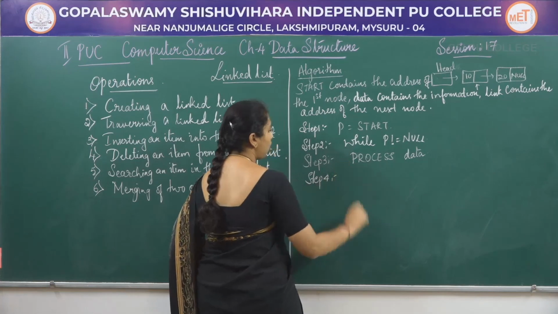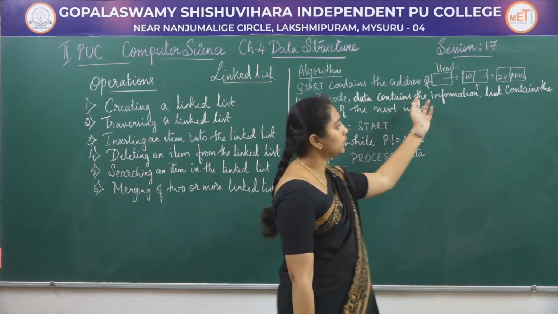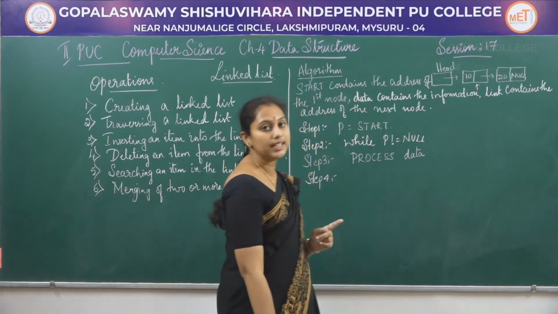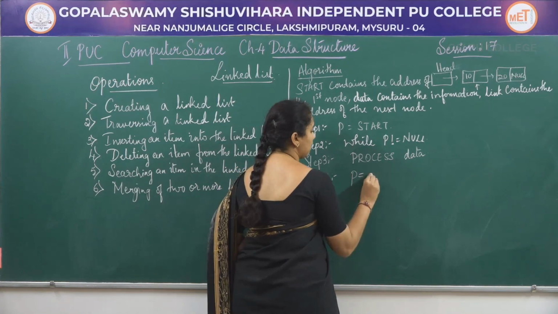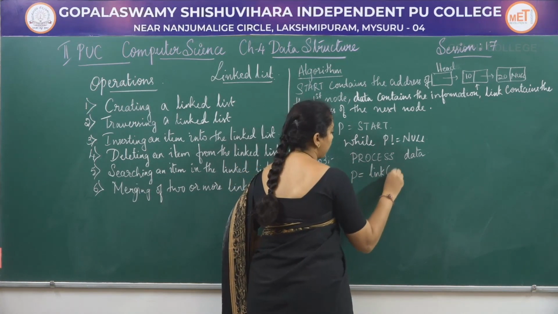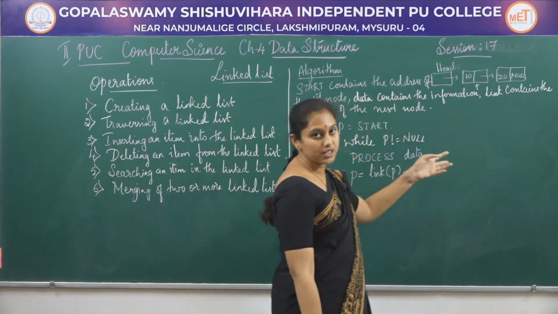In step 4, we have to move to the next node of the linked list, that is, P is equal to link of P. We link the next node to the previous node.